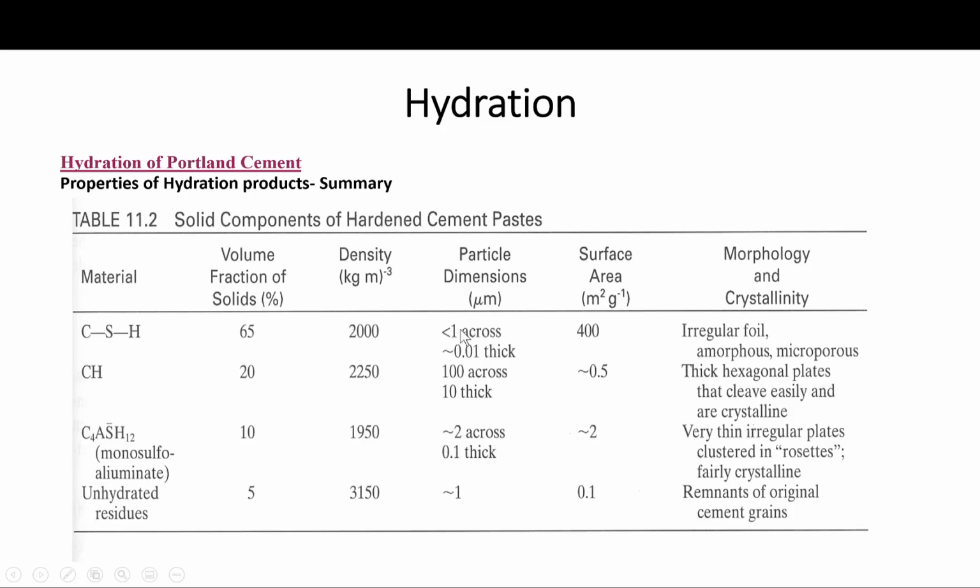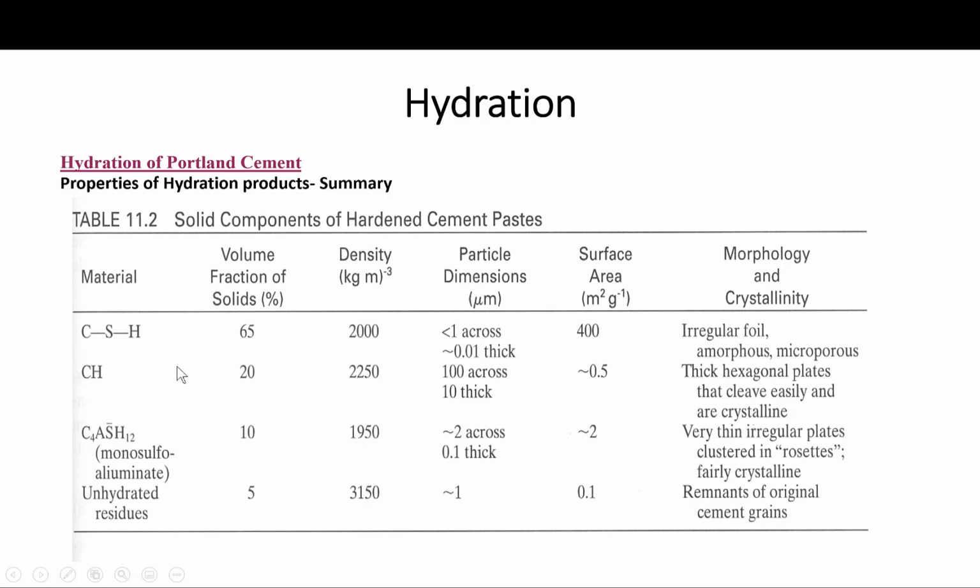The particle dimensions, we said, less than 1 micrometer across and about 0.01 micrometer thick. The surface area, we said, between 100 and 700, on average about 400. Its morphology and crystallinity, it's a regular foil, amorphous, microporous.